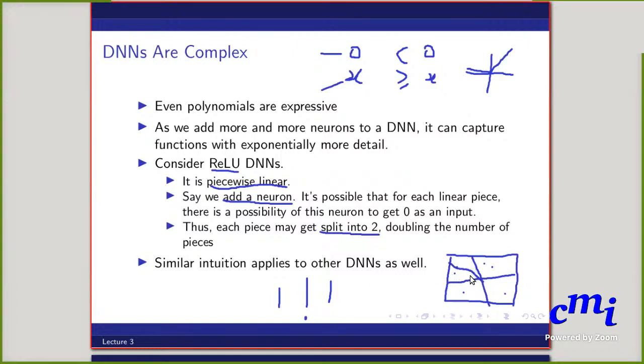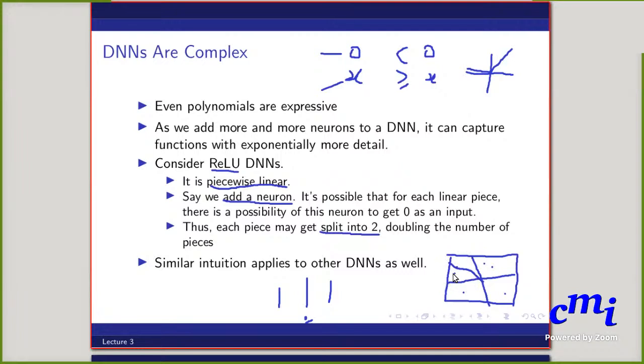So this entire piece is now not going to remain linear, because as you move from the region in which this neuron is seeing input less than or equal to 0 to input greater than or equal to 0, the contribution from this neuron is going to change nonlinearly, which means this piece as a whole is no longer going to remain linear, right?